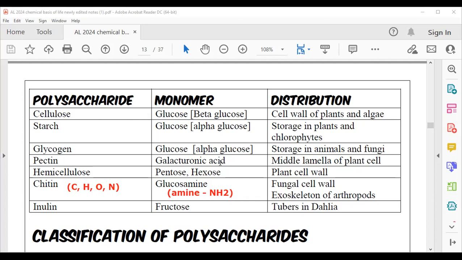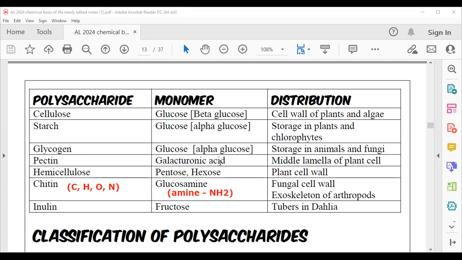So if you take these, you can clearly divide them into two: structural polysaccharide and storage polysaccharide. Cellulose, structural polysaccharide. Starch, storage. Glycogen, storage. Pectin, structural.